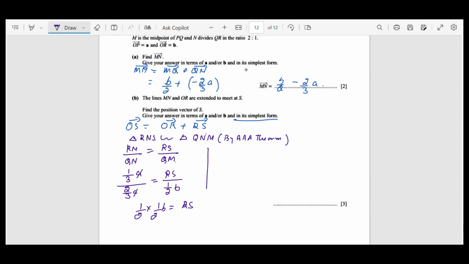So RS is equal to 1 by 4 B. Now vector OS will be equal to B plus 1 by 4 B, so vector OS will be equal to 5 by 4 B. So our answer is 5 by 4 B.